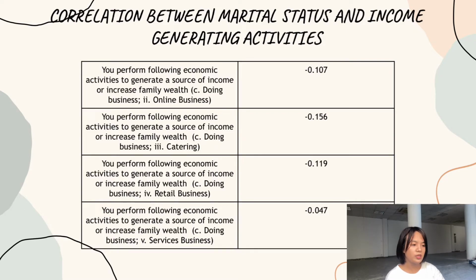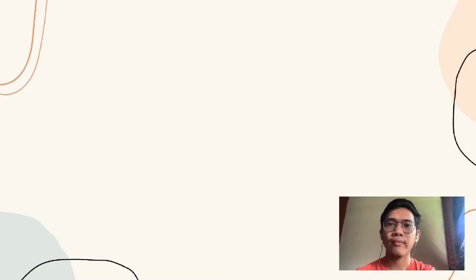Same goes with the retail business and services business, which show Spearman values negative 0.119 and negative 0.047, which means weak negative interactions. However, most of the interactions are near to zero, meaning almost no interactions.